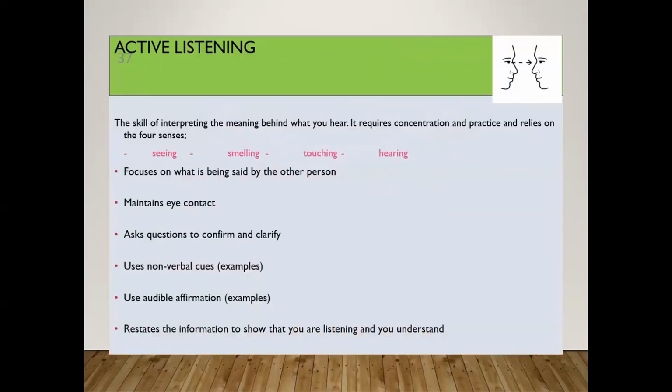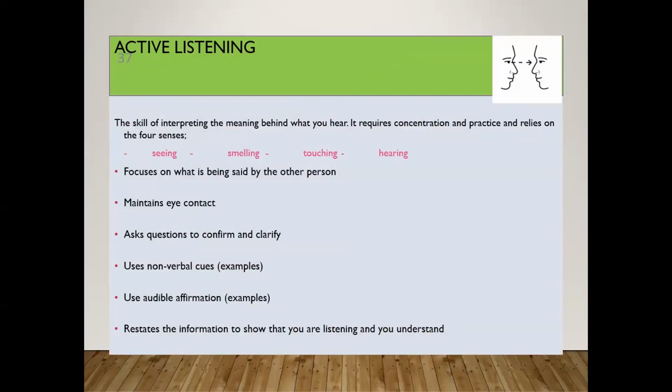Now, in speaking to your clients, you have to make use of what is called active listening. Yes. So active listening is where you and your senses are engaged in the conversation you're having with your clients. So we have a definition here, and it says, it's the skill of interpreting the meaning behind what you hear.